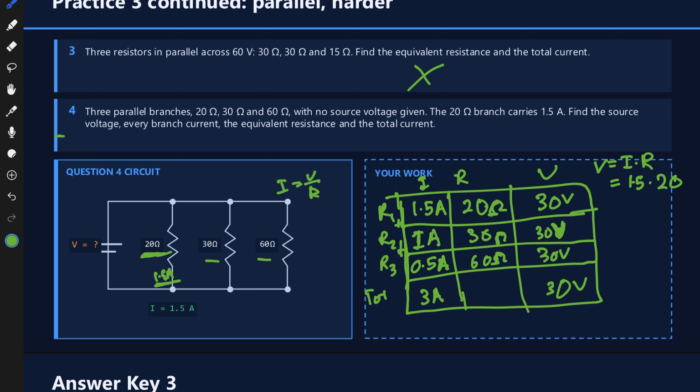So the total resistance here, V total, is equal to I total times R total, right? So 3 amps times R total is equal to 30 volts. R total is 10 ohms.